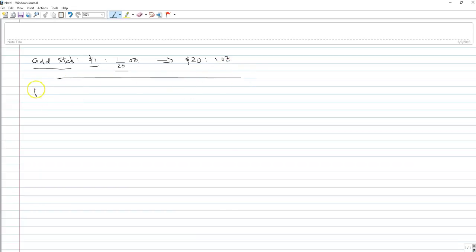Under the Bretton Woods Agreement, for example, a country like Nicaragua will have the exchange as 7 pesos to $1. I'm just using that as an illustration.